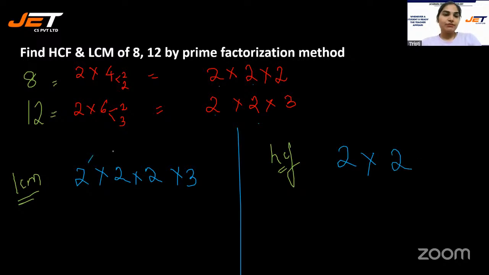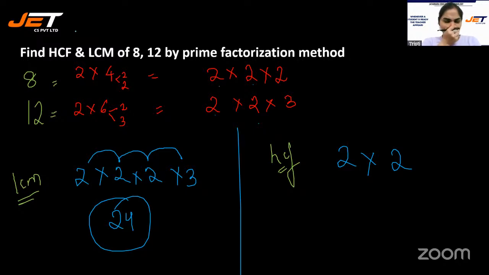So for the LCM, 2 times 2 is 4, 4 times 2 is 8, 8 times 3 is 24. Sorry, HCF, 2 times 2 is 4. That means 4 is the HCF of 8 and 12, and 24 is the LCM of 8 and 12. I hope I made this clear to you.